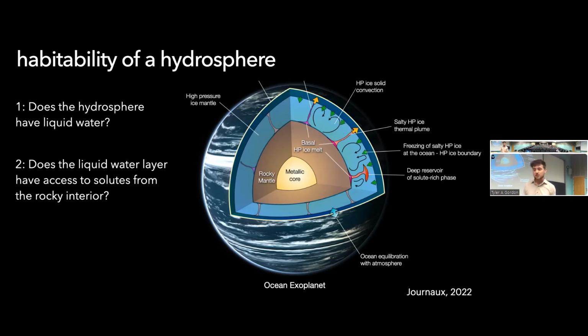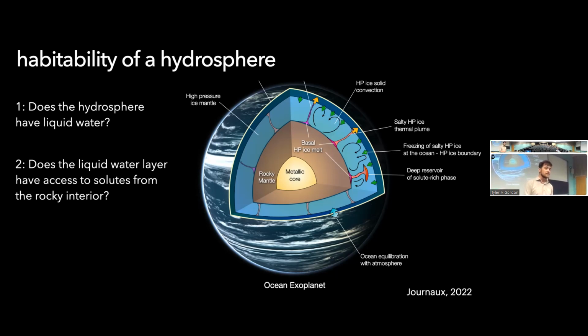And the reason that that's important is that life, of course, doesn't only need water in order to survive. It also needs access to materials that it can use to build itself up and incorporate into its biology. And so those would come from the rocky interior of the planet. And if that rocky interior is completely locked away under a layer of high pressure ice, then the concern is that it doesn't have access to the solutes that it needs.